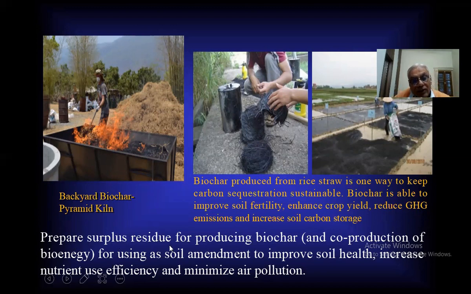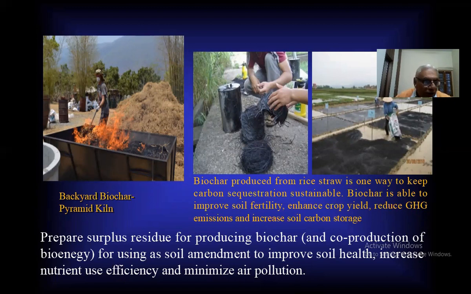So prepare surplus residue for producing biochar and co-production of bioenergy, for using as a soil amendment to improve soil health, increase nutrient use efficiency, and minimize air pollution. I have prepared biochar from corn stover and cluster bean stover, and we found that the corn crop productivity has increased in the presence of chemical fertilizers along with the biochar.